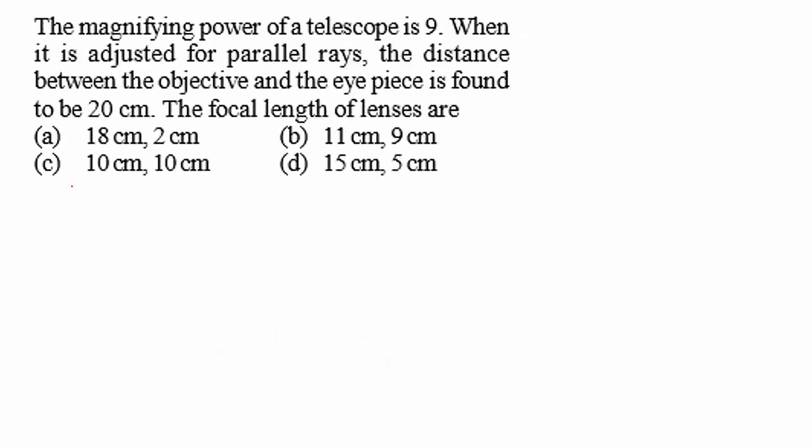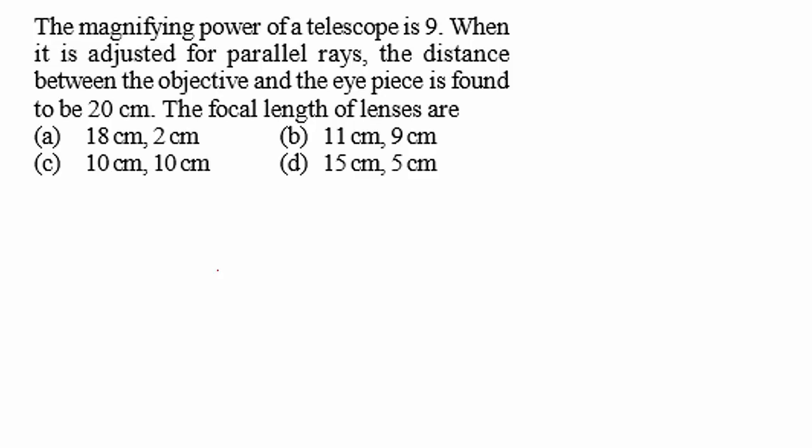The magnifying power of a telescope is 9. When it is adjusted for parallel rays, the distance between objective and the eyepiece is found to be 20 cm. The focal lengths of the lenses are.